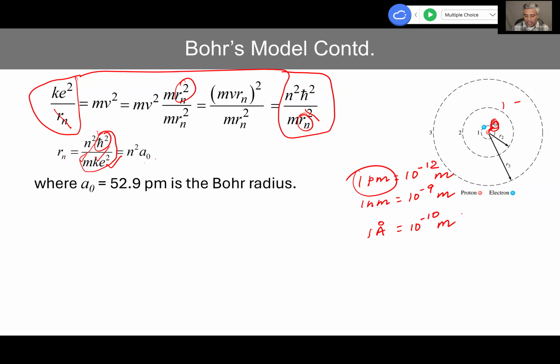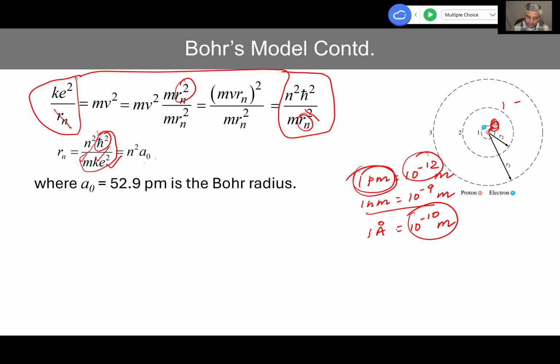So it is not nano or pico, but it's in between nano and pico. Just a tenth of a nanometer is an angstrom.